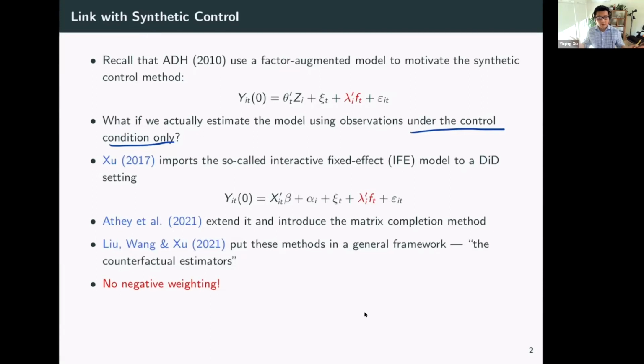But remember, negative weighting is a problem when we use the treated observations of early adopters as controls for late adopters. If we never use the treated data, and treat them as missing when constructing the model, then the treated data would never be used as controls for later treated units. So there's no negative weighting problem.